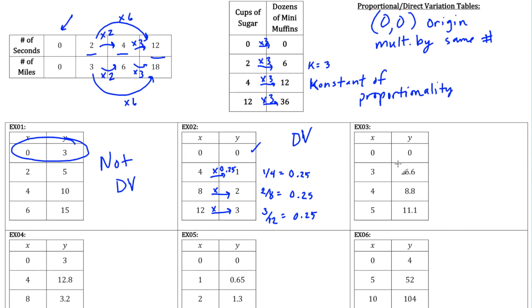Let's see. 0, 0, that's good. We're going to have to check all of these using division. See if this works one last time.